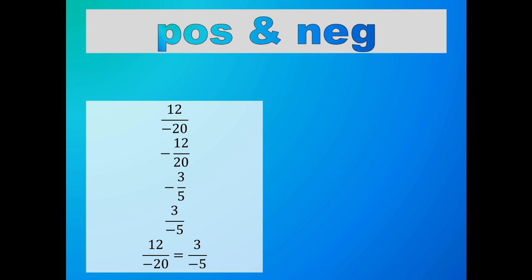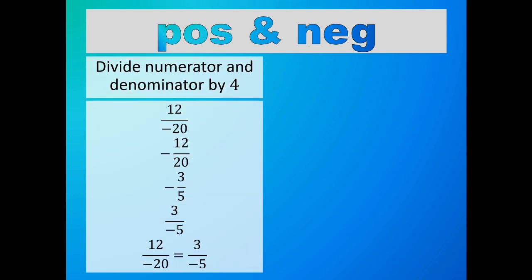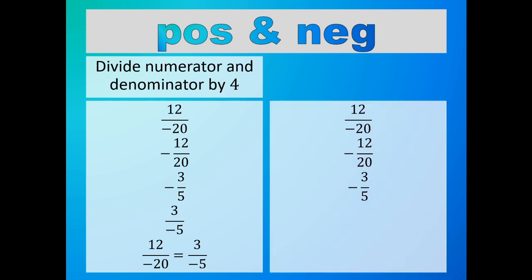How could I have gone directly from 12 divided by -20 to 3 divided by -5? Well, I could have divided both the numerator and denominator by 4. So I rewrote the first 3 steps from the left column. Now let's use the idea that negative divided by positive is equal to negative. So I moved the negative sign from the beginning of the fraction to the numerator.